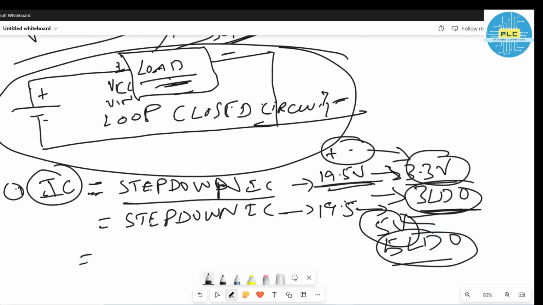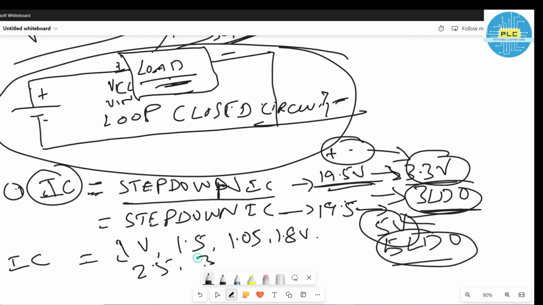Similarly, if the load is an IC, it may give 1 volt or 1.5 volts or 1.05 volts or 1.8 volts or 2.5 volts or 3.3 volts, 5 volts, and so on. Maximum 24 volts, like that.